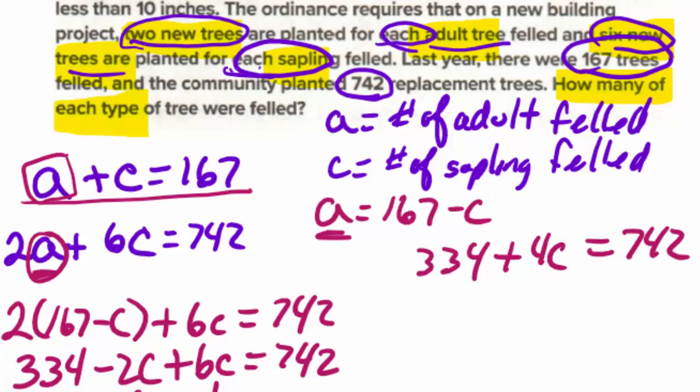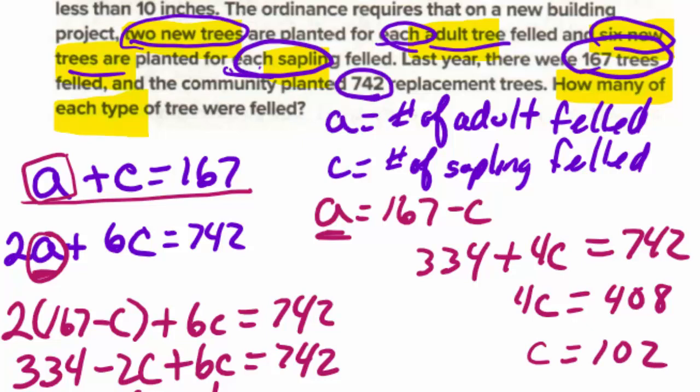Subtract 334 from both sides, and I end up with 4C equals 408. Of course, divide that by 4, and the number of saplings, C, would equal 102 saplings. So that's the first part, 102 saplings.